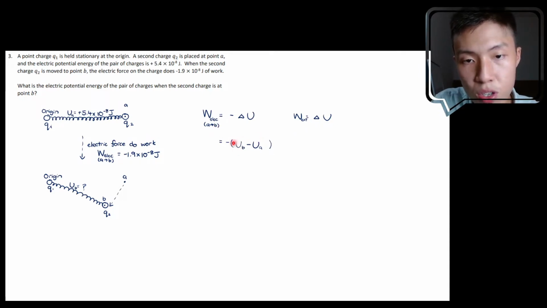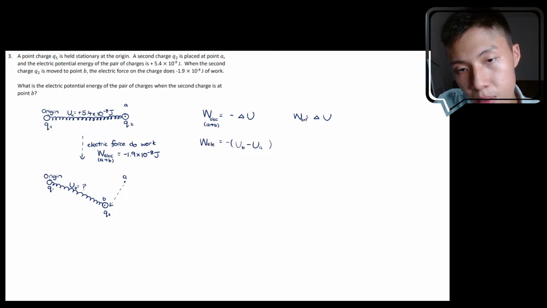So final is B, so UB, initial is A, so UA. This equals the work done by the electric force to bring point charge Q2 from A to B.